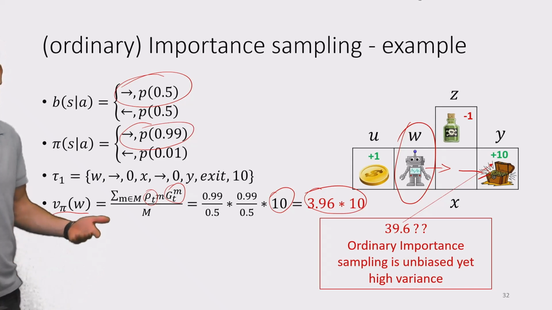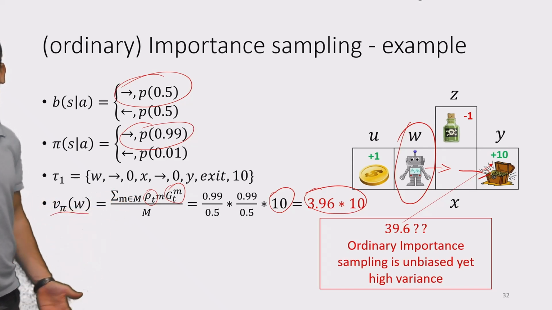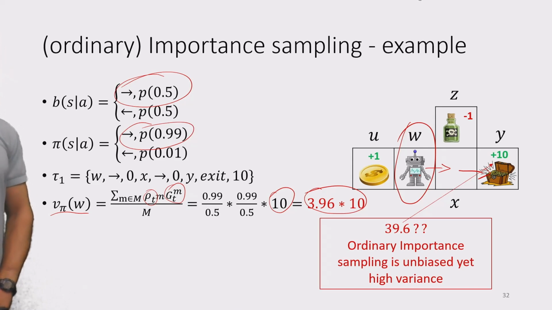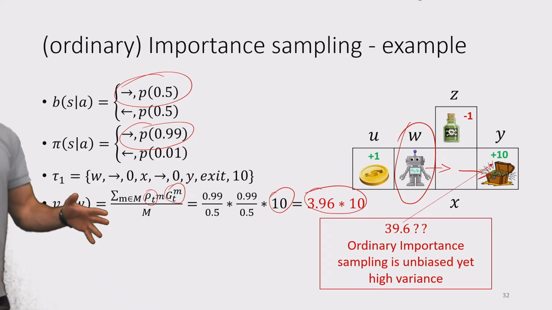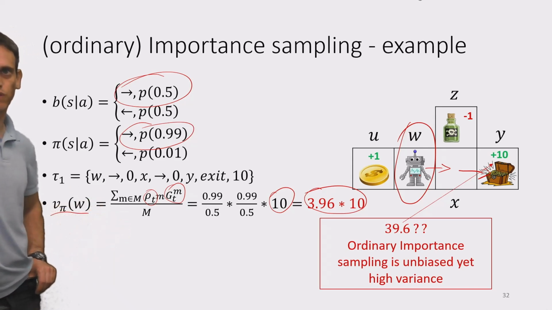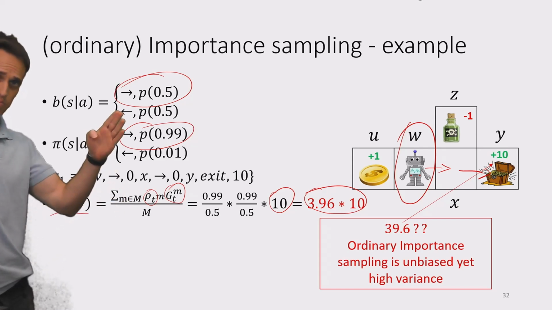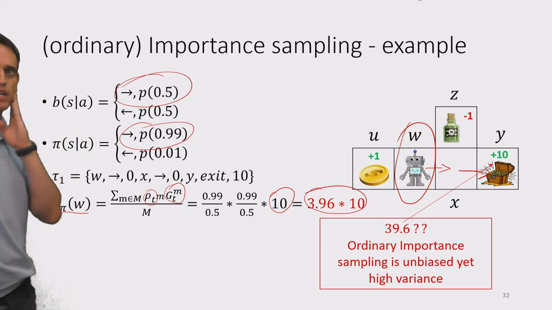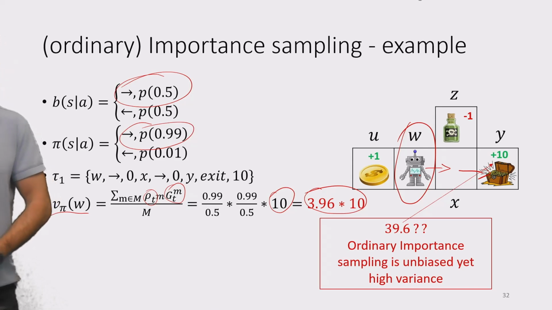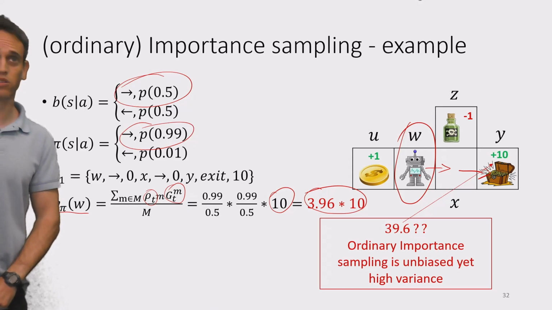We inflated it 4 times, right? So this shows us that ordinary importance sampling, the simple importance sampling as we saw it so far, is indeed unbiased, as I showed you, but it has high variance. It has significant variance that we would like to address, right?